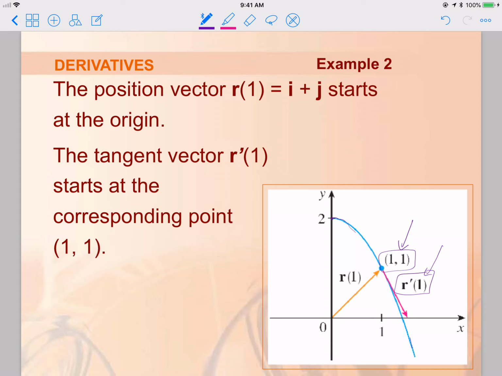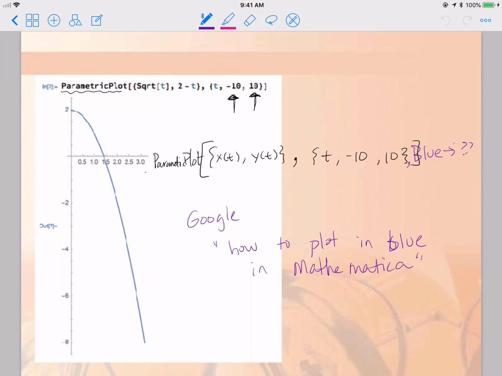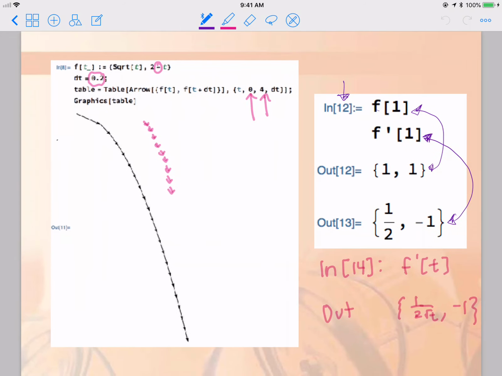And of course, as you saw on your quiz, you know how to make an arrow: you have arrow, and then your starting point would be 0, 0, and your stopping point would be 1, 1. And then you know how to make another arrow which starts at 1, 1 and stops at, well, if your derivative was that r prime here.